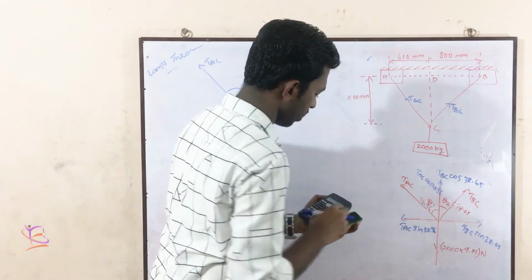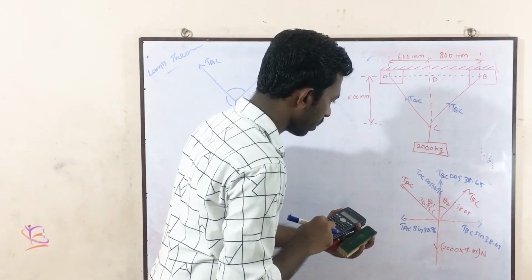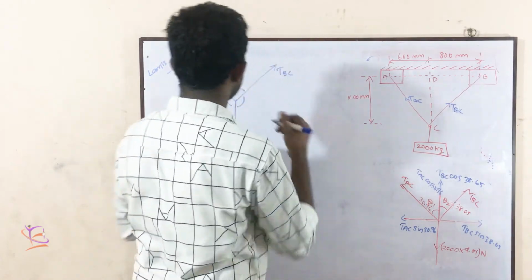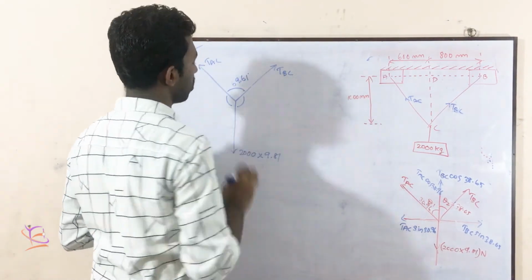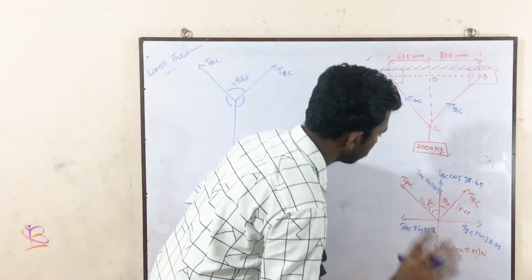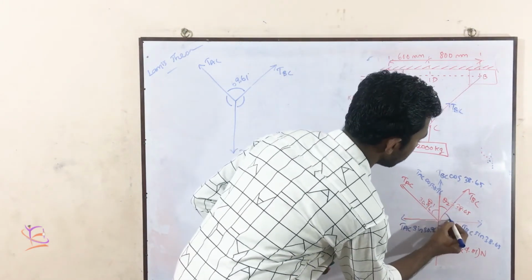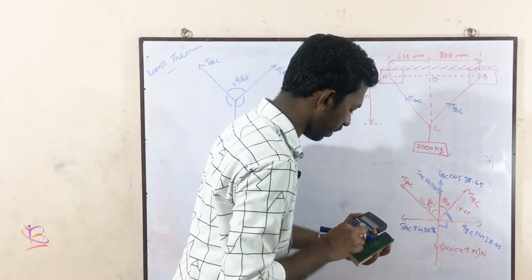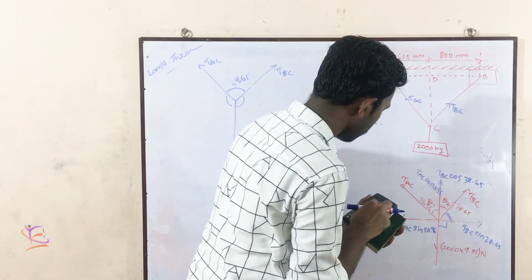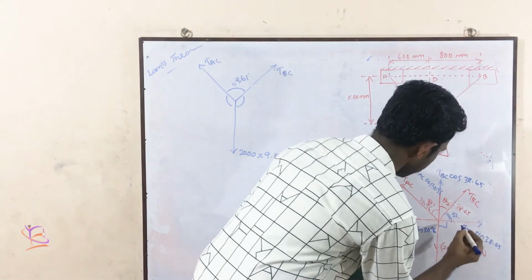Here it is 38.65 plus 30.96 equal to 69.61. So calculating, this is 90 degree, this is 38.65, so 90 minus 38.65 equal to 51.35.